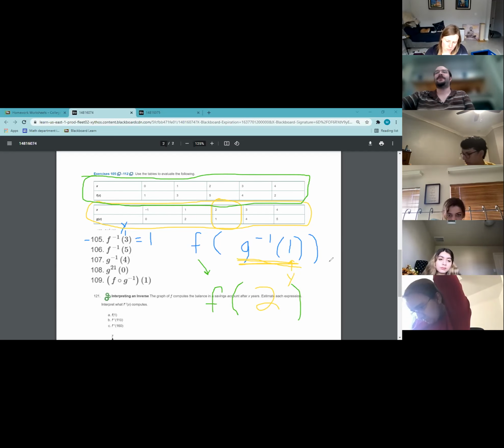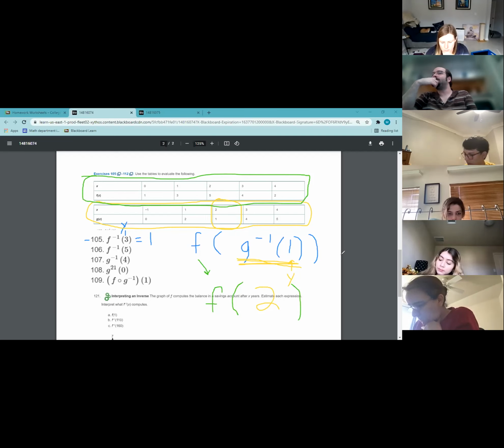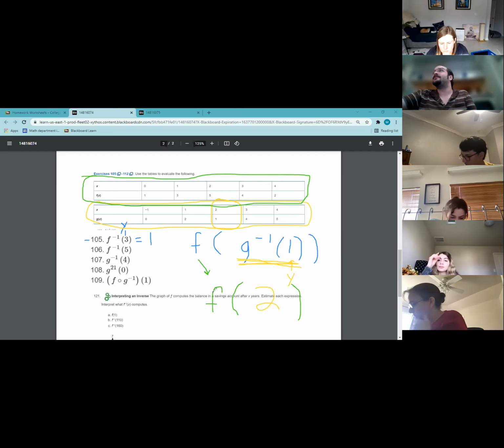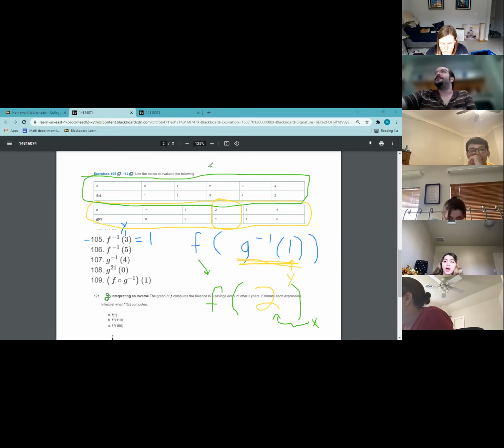And the 2 is which value now? The y value? Ooh, that would be if this was inverse. This is the forward way, this is just the original F function. So I want to take my F and plug this in where this is an x value. Do you see that one?